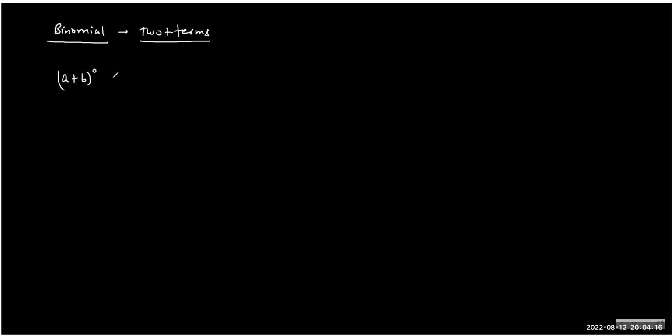What is (a plus b) power 0? How to write it? We can write it as 1, because anything power 0 is 1, right? What is (a plus b) power 1? a plus b. What is (a plus b) power 2? a square plus b square plus 2ab. And what is (a plus b) power 3?